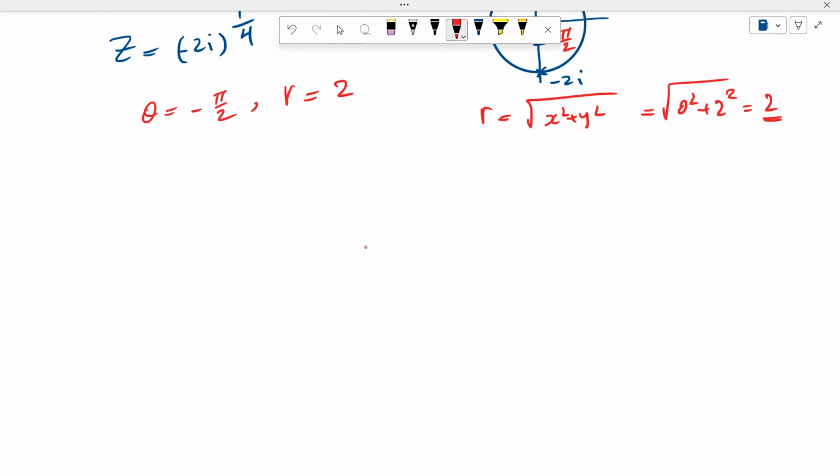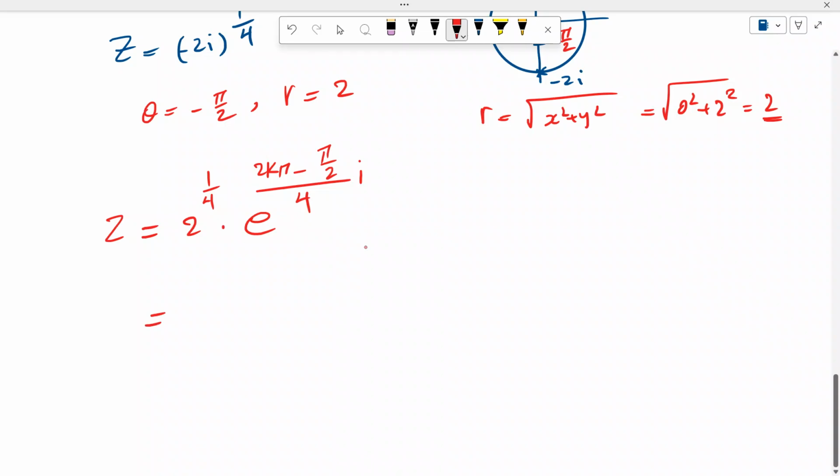Now, we want to continue and give all the fourth roots of this minus 2i. The fourth roots of minus 2i are 2 to the 1/4 times e to the (2k pi plus theta, but theta is minus pi over 2) divided by 4, since we are finding the fourth root, times i.